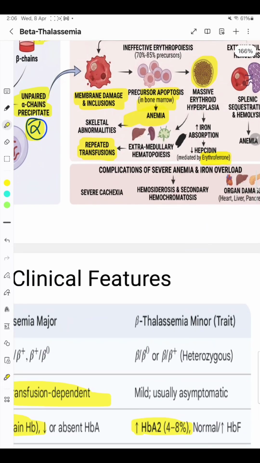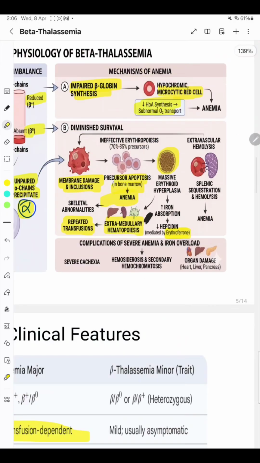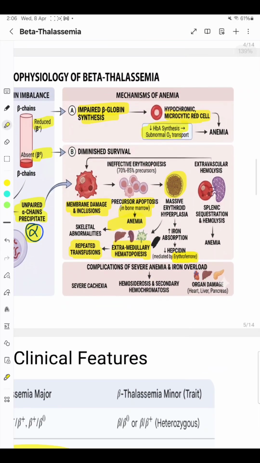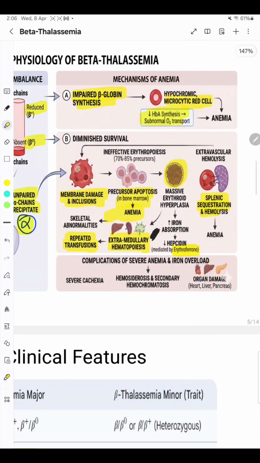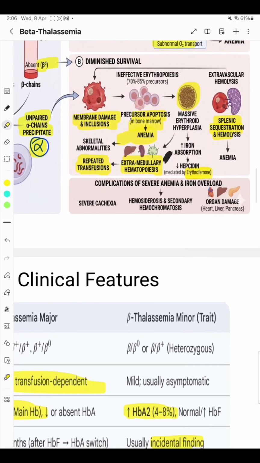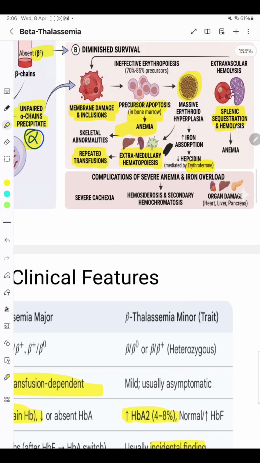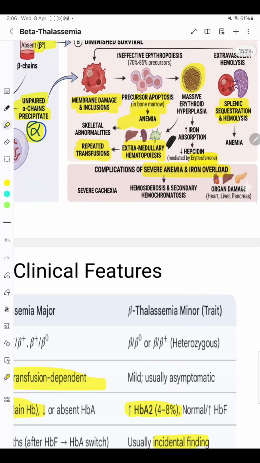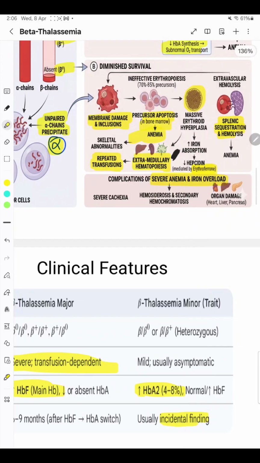And to compensate for the anemia, there is extramedullary hematopoiesis. And as we have already said, these damaged RBCs, when they travel through the spleen, are phagocytosed by the macrophages and result in hemolytic anemia, extravascular hemolysis. So iron overload we will discuss in the complications.